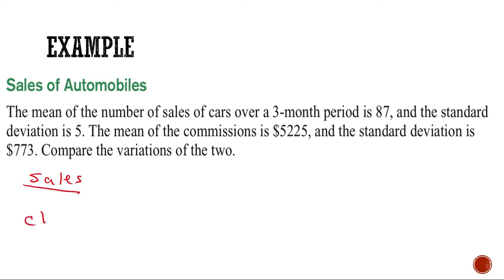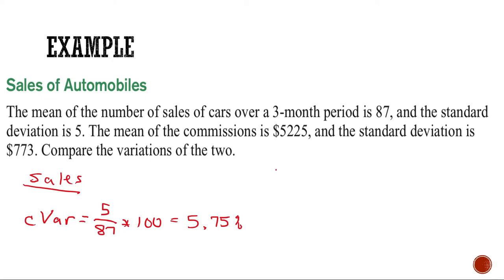So I'm going to do a coefficient of variation for each one. For the sales data, remember that we will have the standard deviation on the top, so we'll have 5, and the mean on the bottom, so we'll have 87, times 100. I'm going to put it in my calculator. It's a fairly easy calculation. 5.75%.